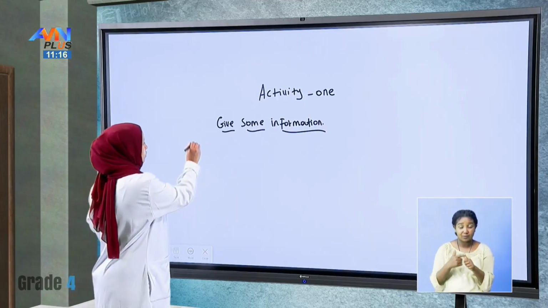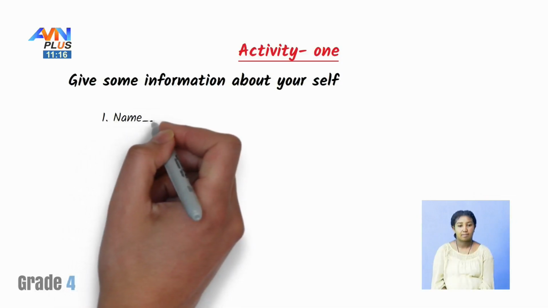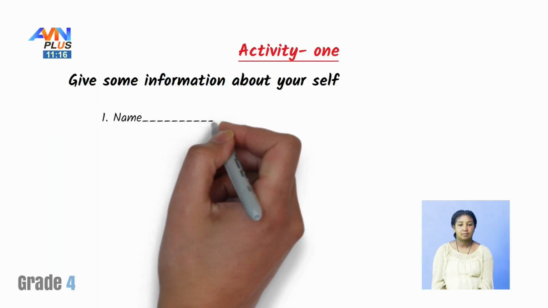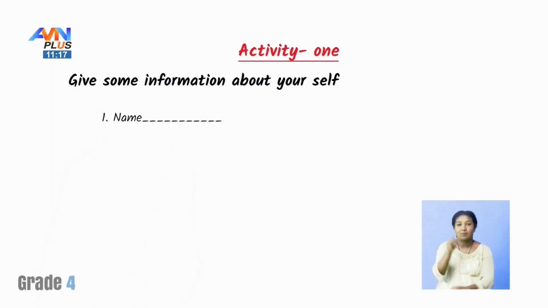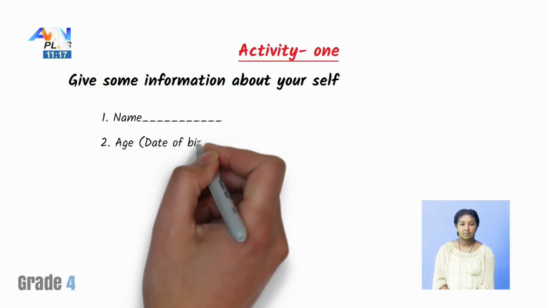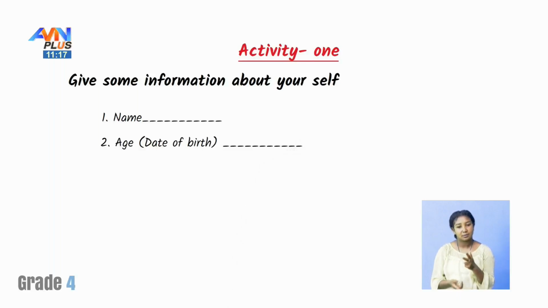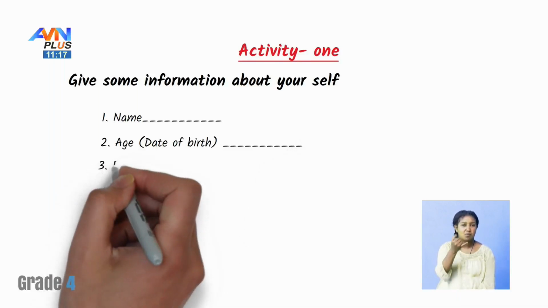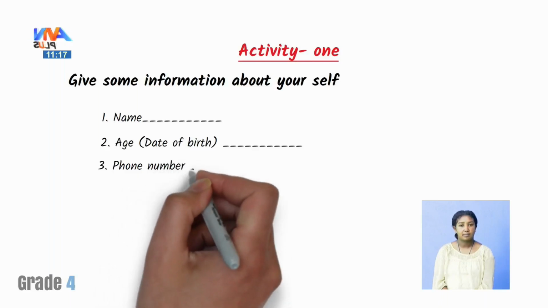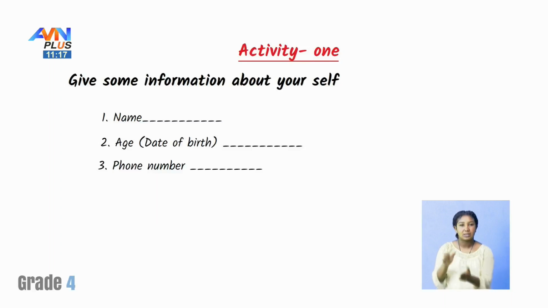The first one is your name and also age, and also date of birth. Also, phone number, maybe your parents' phone number, and also school name.